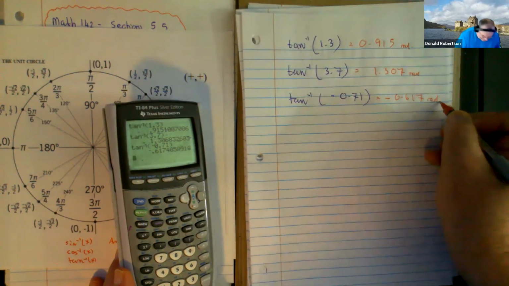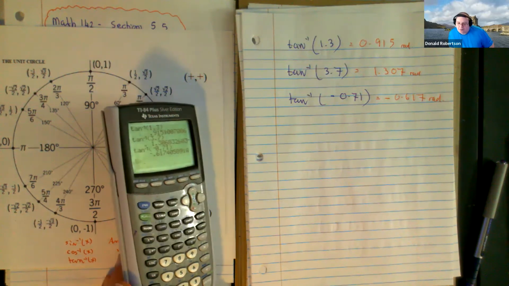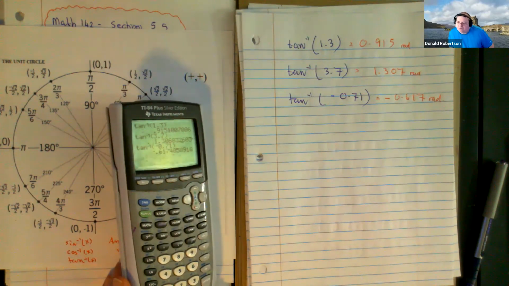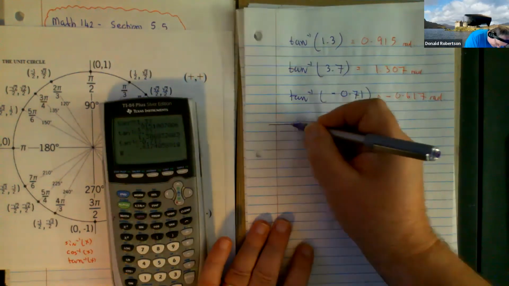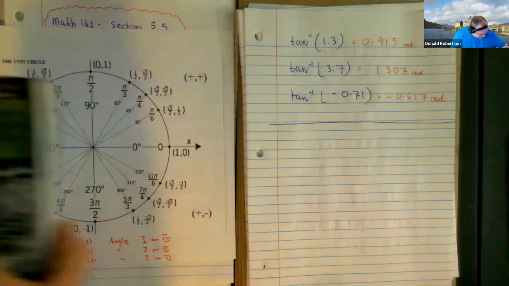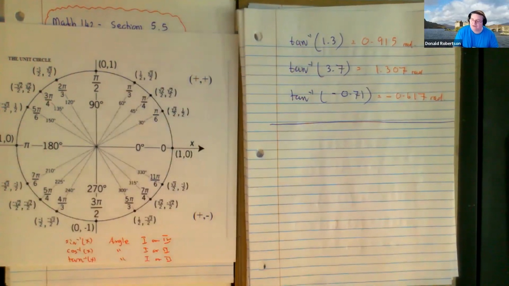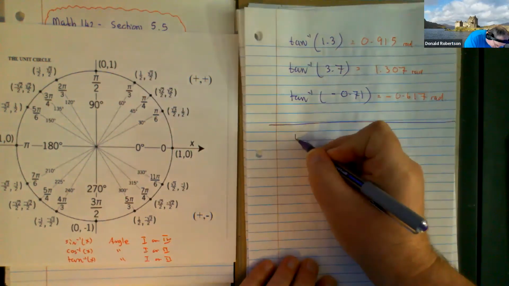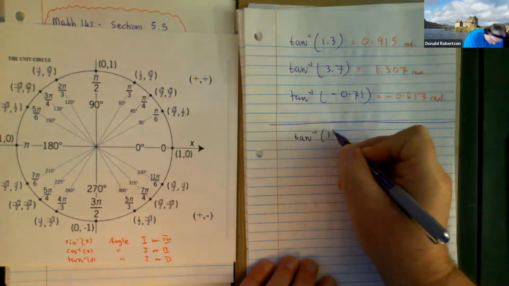So it's pretty easy to do inverse tan of things that are not in the unit circle. But now we're going to do the ones that are in the unit circle. And this is where it gets a bit messy. So for instance, I would like to know the inverse tan of 1.